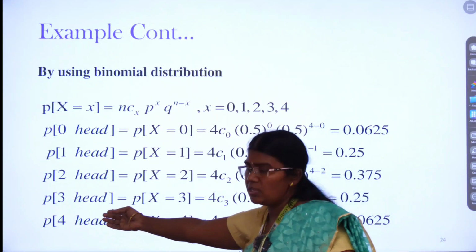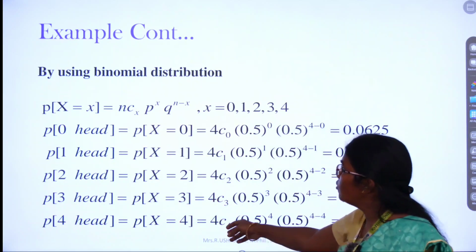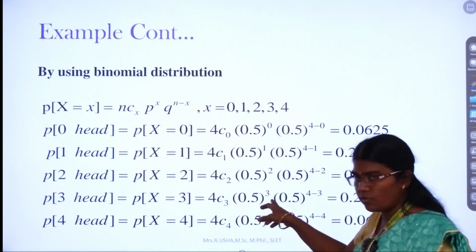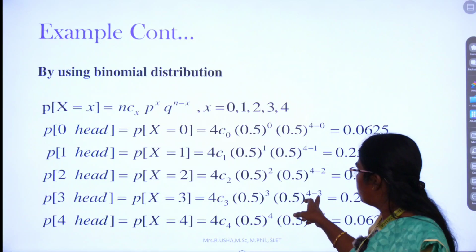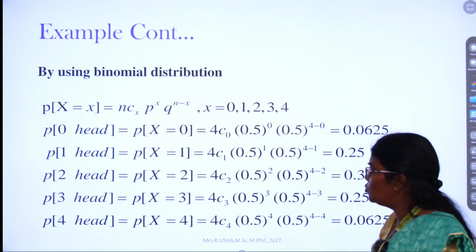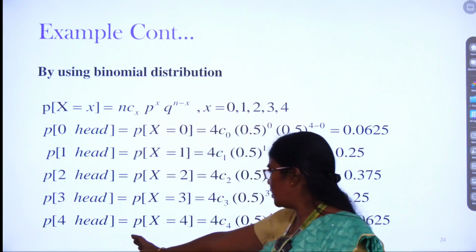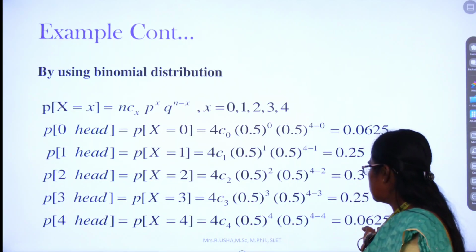Next, to find the probability of 3 heads, P of x equal to 3, we have 4C3 (0.5) cubed into (0.5) power 4 minus 3, so it will be 0.25. Similarly, the probability of getting 4 heads is 0.0625.